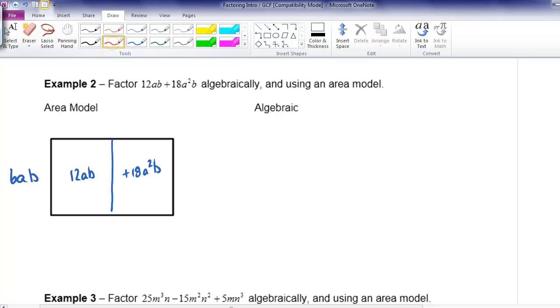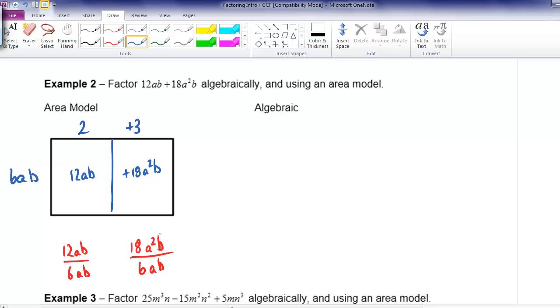So again, as I said above, this is analogous to finding the other dimension. Okay, well, what's this? And when we do that, that's equal to 2. 6 goes into 12 twice, A's and B's cancel out. Then I go on to the next piece and I ask myself, what is 18A squared B divided by 6AB? 6 goes into 18 3 times, plus 3 times.